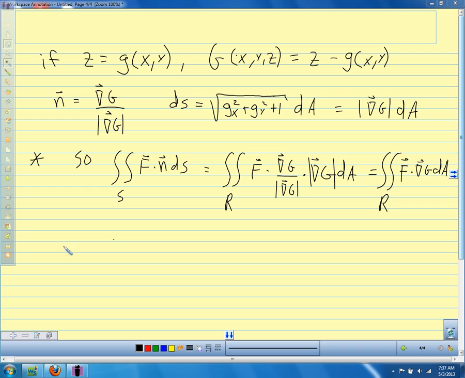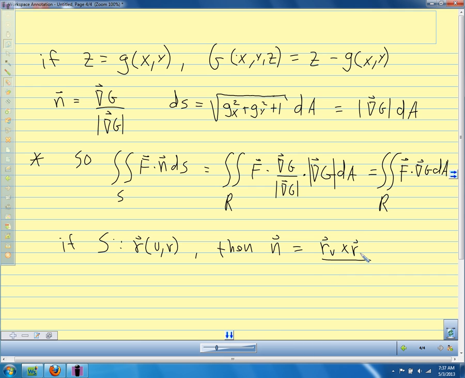If we have our surface as a parametric surface, then our unit normal vector we said was r sub u cross r sub v over the magnitude of r sub u cross r sub v.